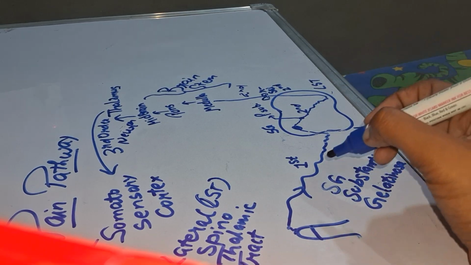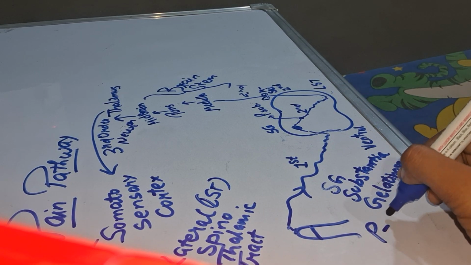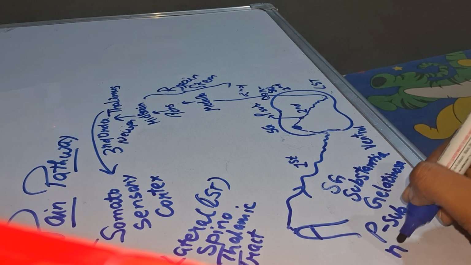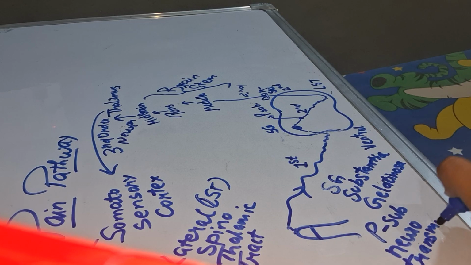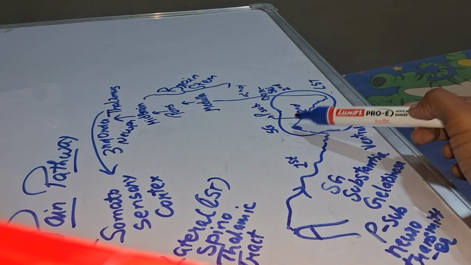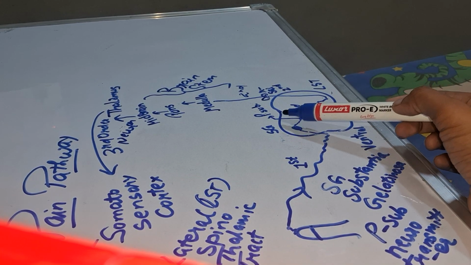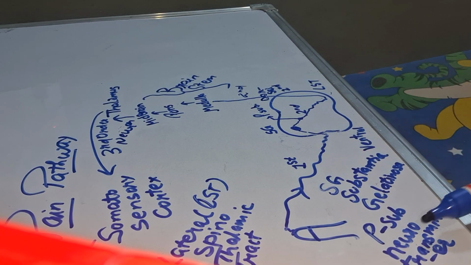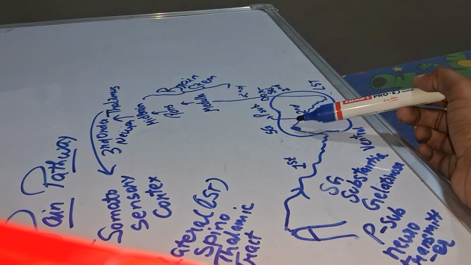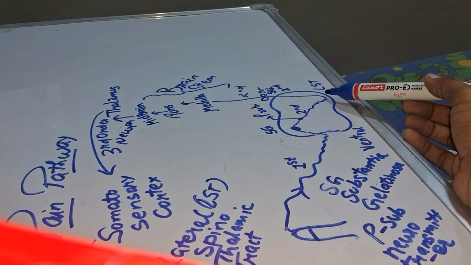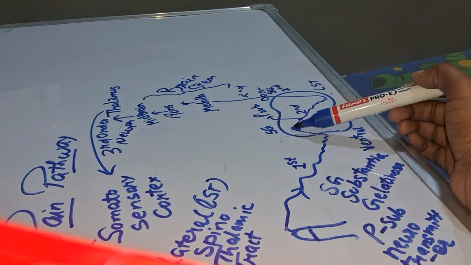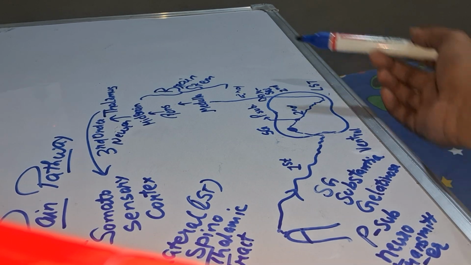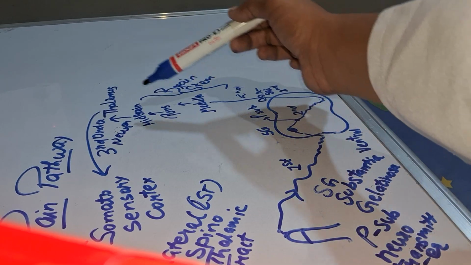P substance is a neurotransmitter. So SG, substantia gelatinosa, releases the P substance, which is a neurotransmitter, and again via neurons from SG to the LST, the second order neurons are responsible for the transmission from the SG to LST, and from LST to medulla, medulla to pons, and pons to midbrain.